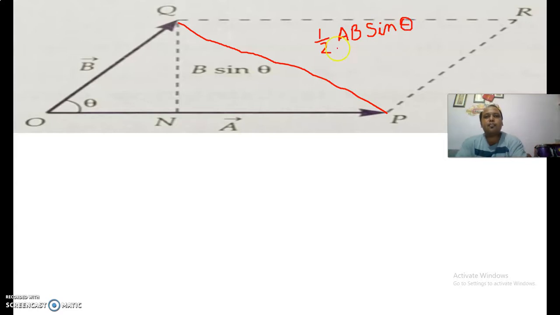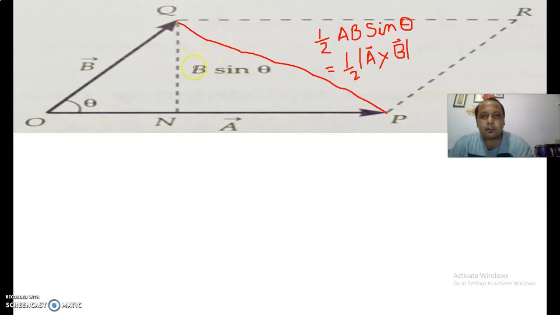So half into AB sine theta means that the area of the triangle formed by the two vectors A and B, such that they are co-initial, can be given by half into the magnitude of vector A cross vector B. I hope this is clear to you. This is the magnitude which we are considering here.